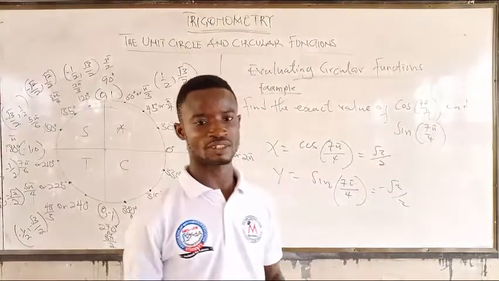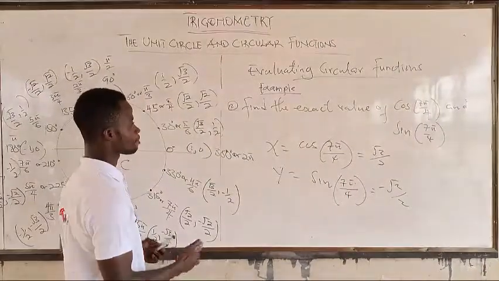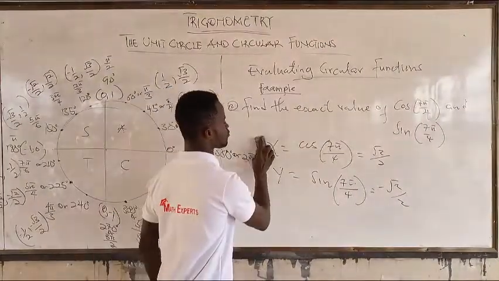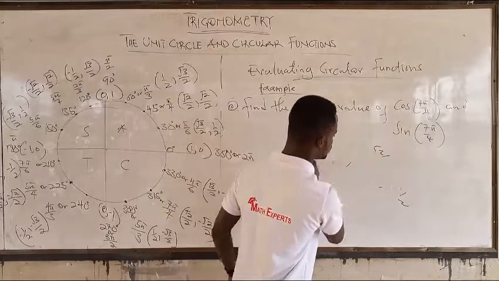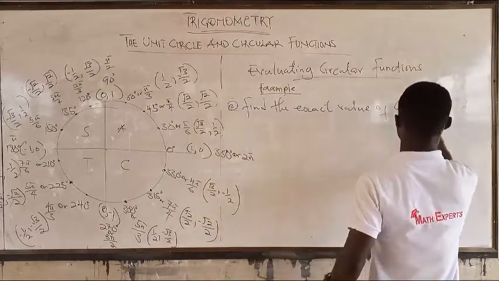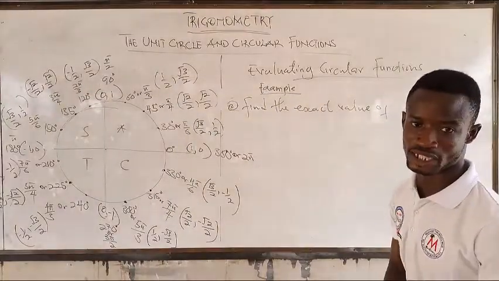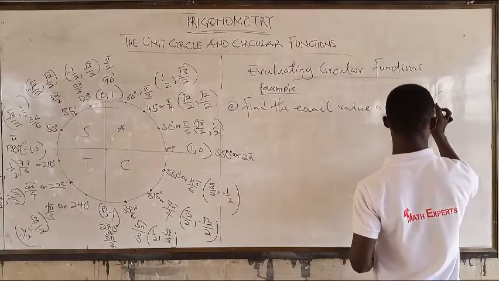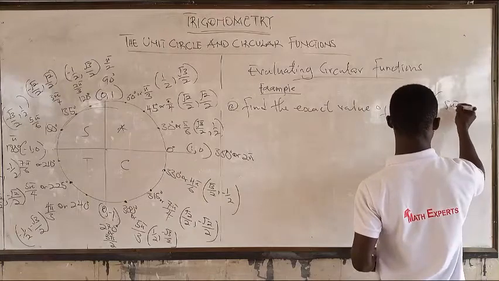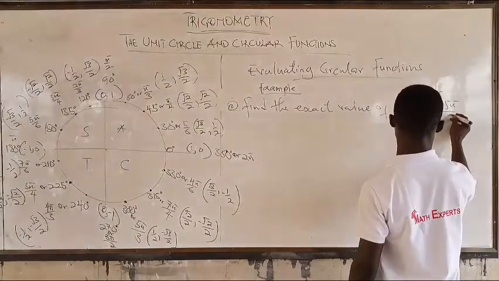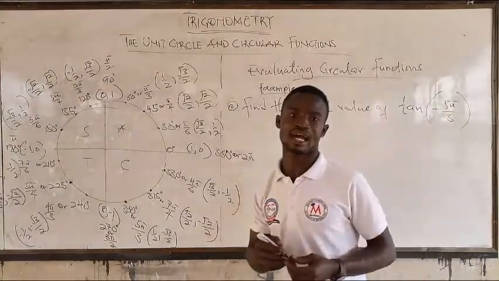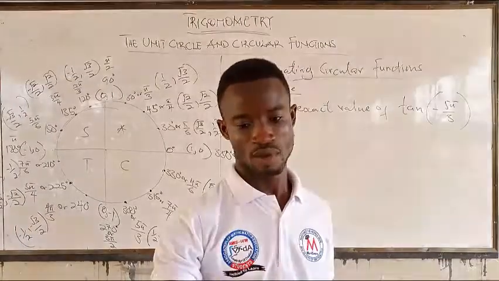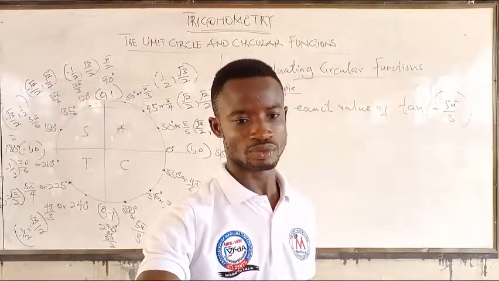Okay, what about if we have to find the exact value of tan of negative 5π/3?